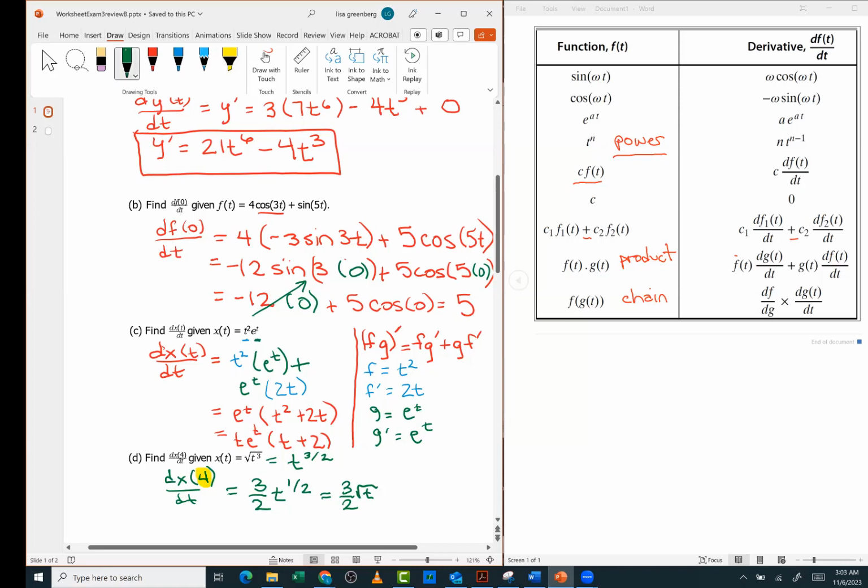When t equals 4, we have 3/2 times the square root of 4, which is equal to 3/2 times 2, which is equal to 3. And that is my final answer.